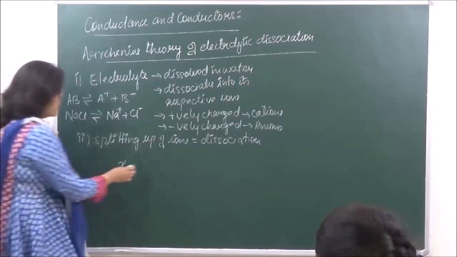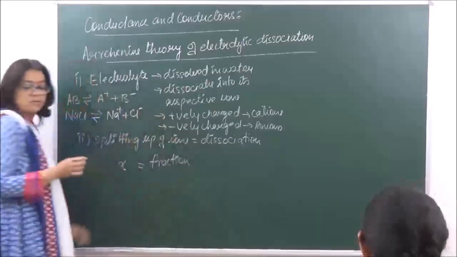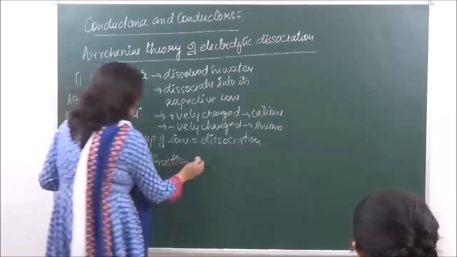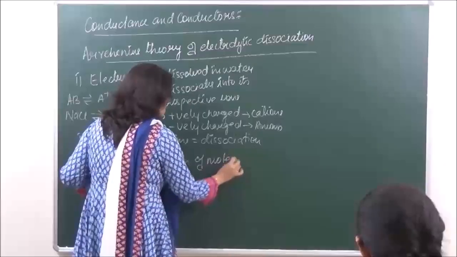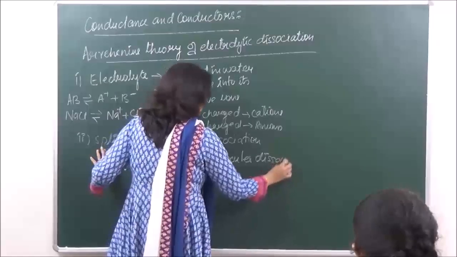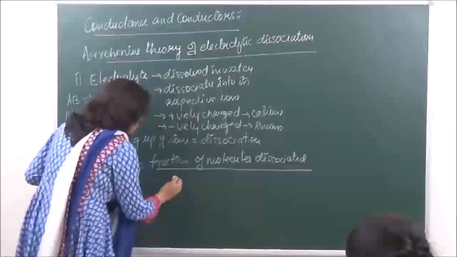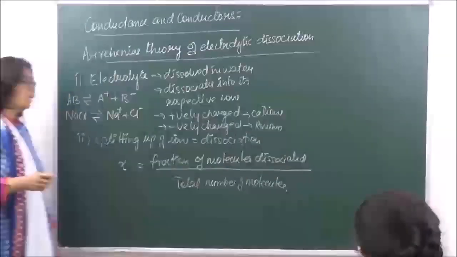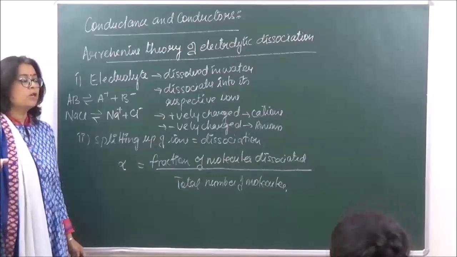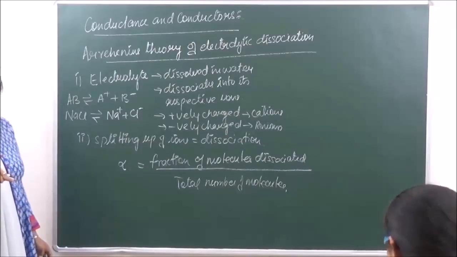So alpha is equal to the number of molecules dissociated upon the total number of molecules, and this alpha is known as the degree of dissociation.